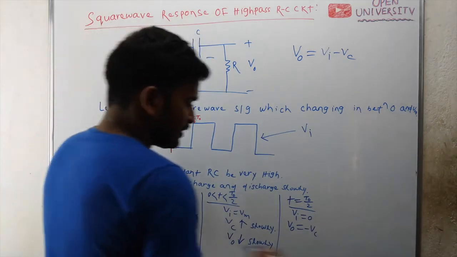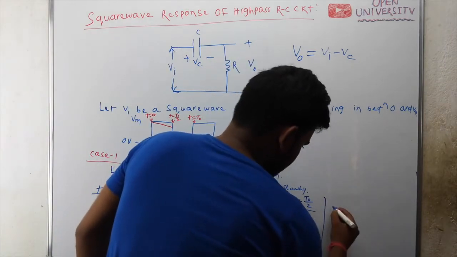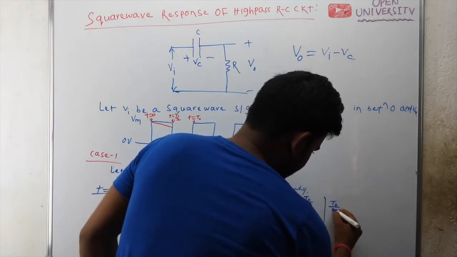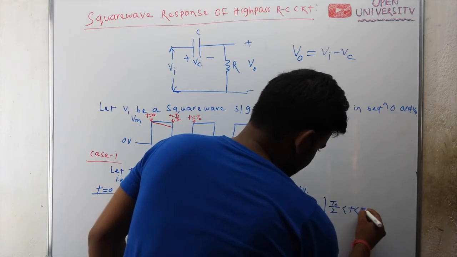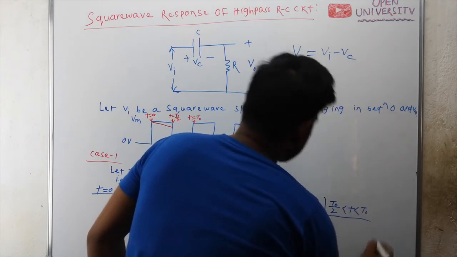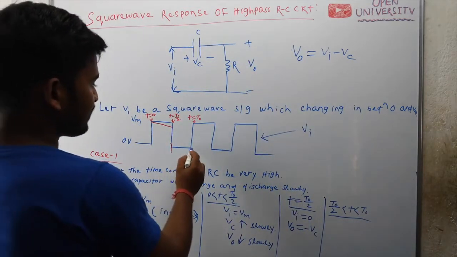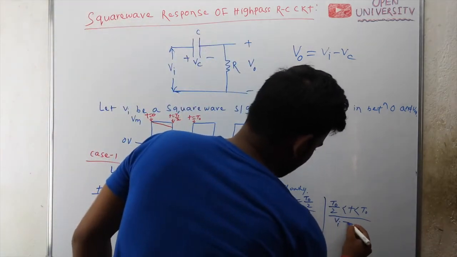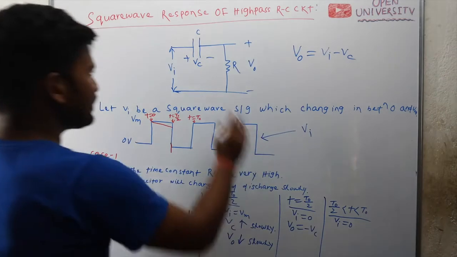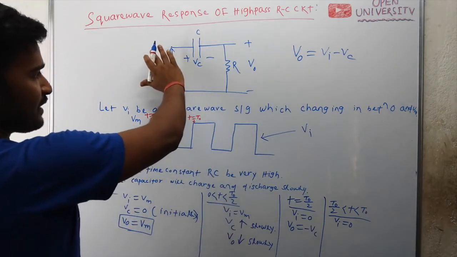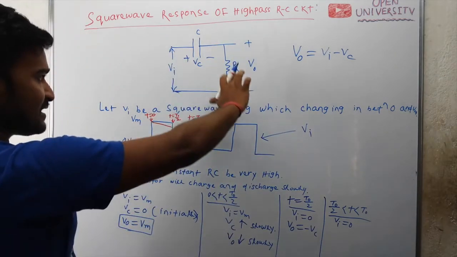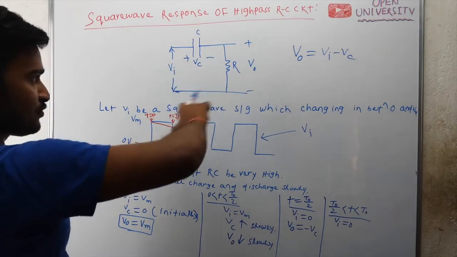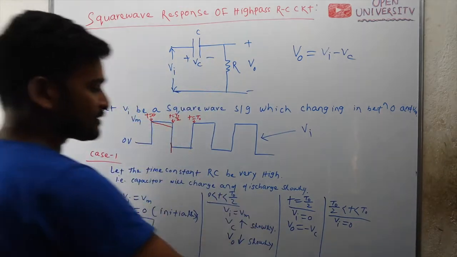If you want to observe when t is in between t0 by 2 to t0, in this interval input voltage Vi is 0. When input is 0, what happens? The capacitor will discharge its energy through the resistance. So capacitor voltage will decrease.